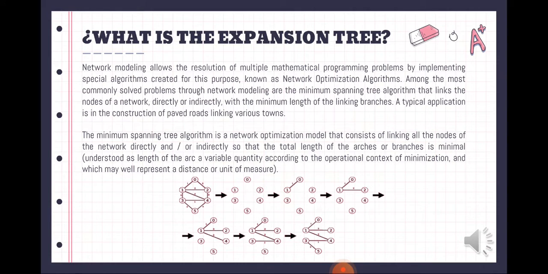The problem arises when all the nodes in a network must connect to each other without forming a circle. In other words, the minimum spanning tree model has to do with determining the branches that can join all the nodes of a network such that it minimizes the sum of the lengths of the chosen branches.